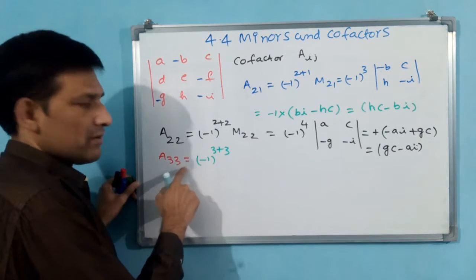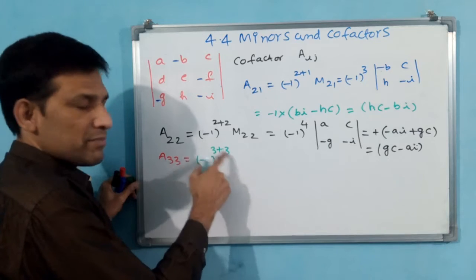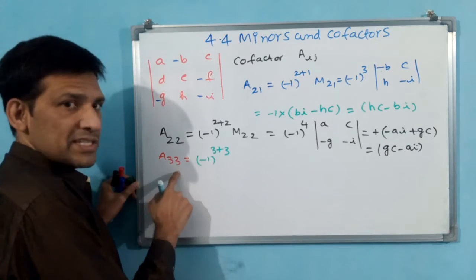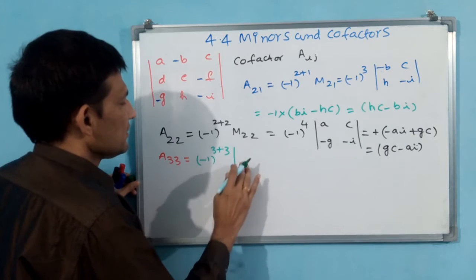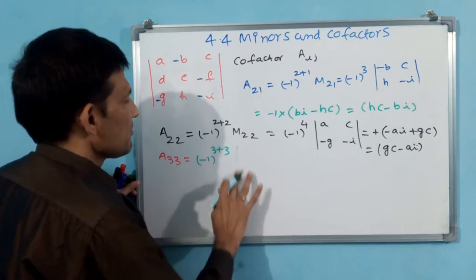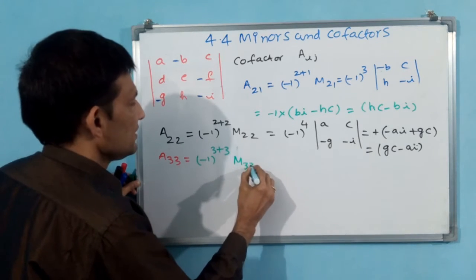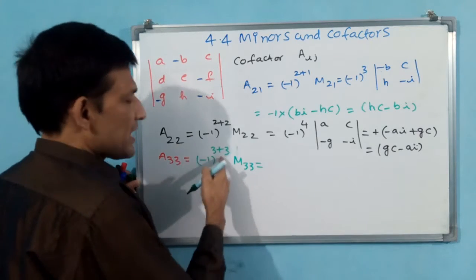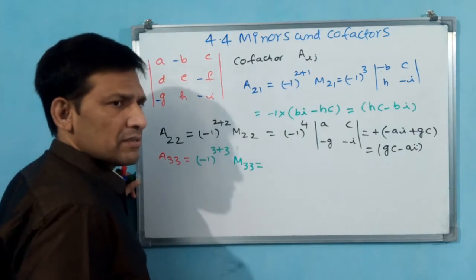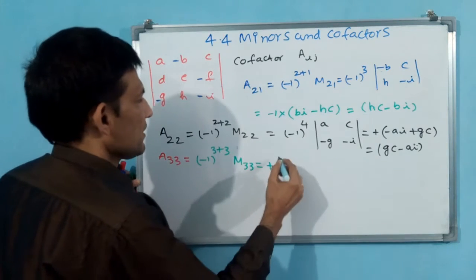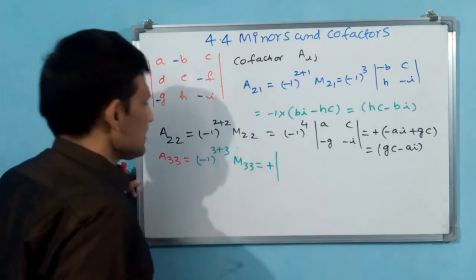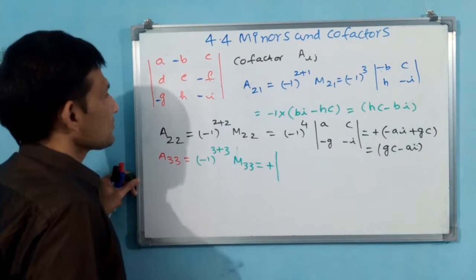Because it is minus 1 whole power i plus j, Aij, into M33. First of all, let me write M33. Minus 1 power 6 will be plus 1 only. That is why I am writing just plus.